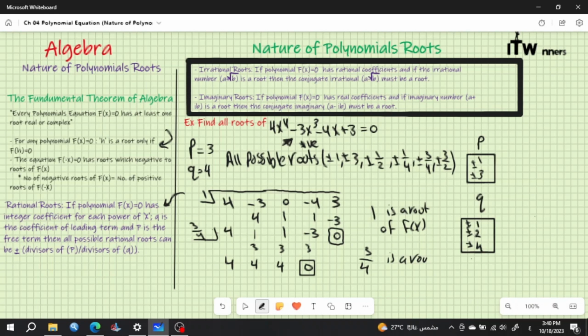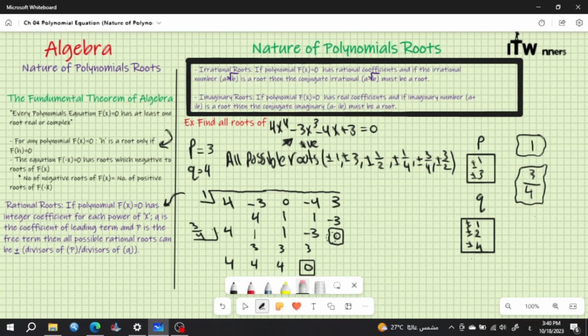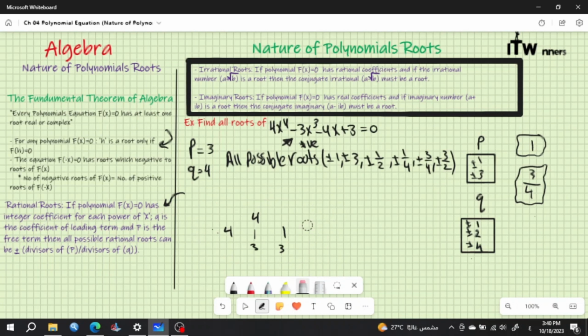We have here 1. We have here 3 by 4. Okay. So, and we obtain a quadratic function. We have here f of x.